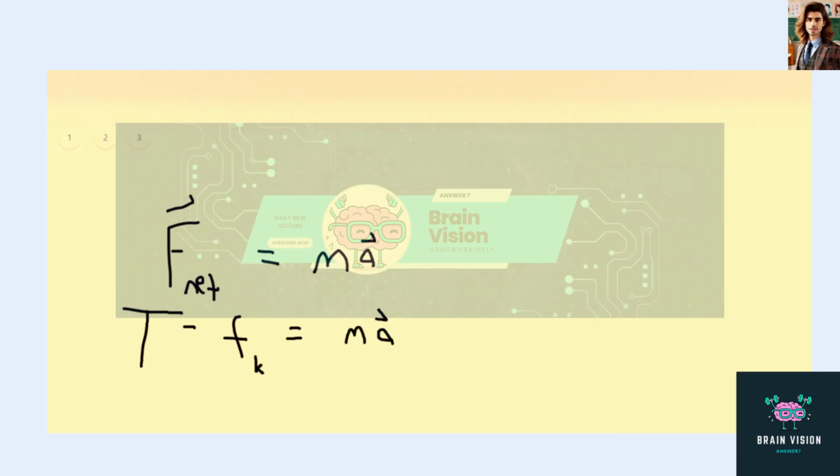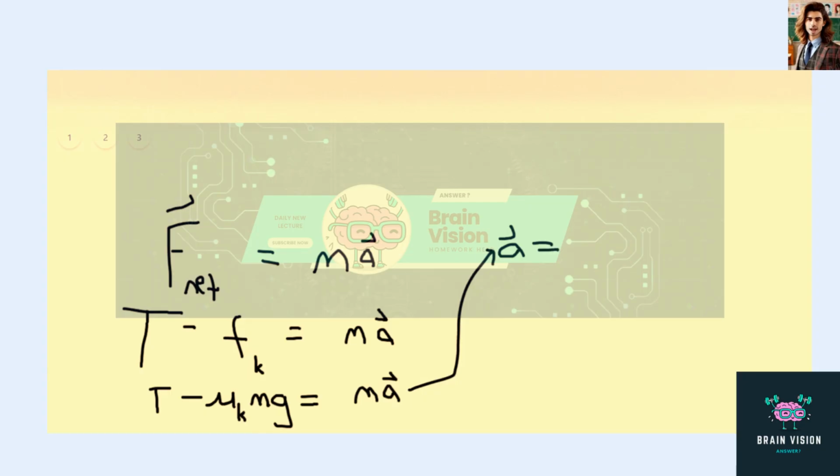We can plug in what we know Fk is. It's μk times the normal force, which we know is mg. So now we almost have the form that our line is in. We just have to divide both sides by m. And I'll put a on this side so it's easier to see. a is equal to the form of that line, right?